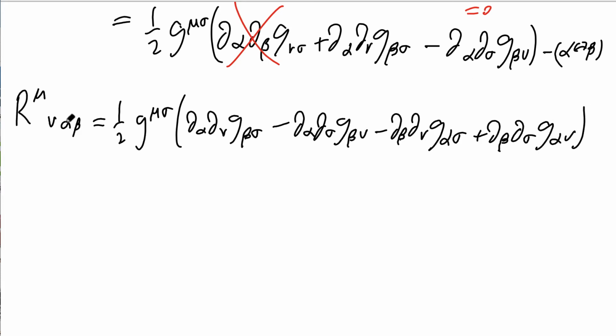Now let's lower this index mu. This, of course, becomes delta sigma mu, and contracted with the sigma here just turns these sigmas into mu's.